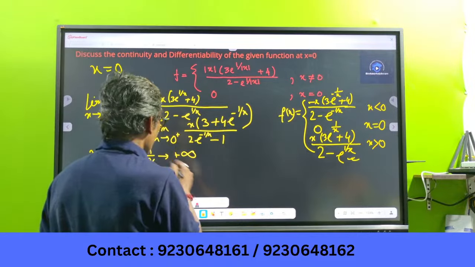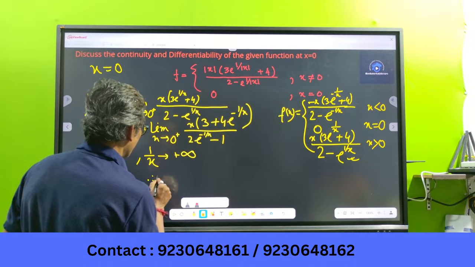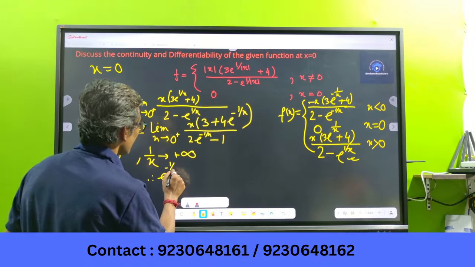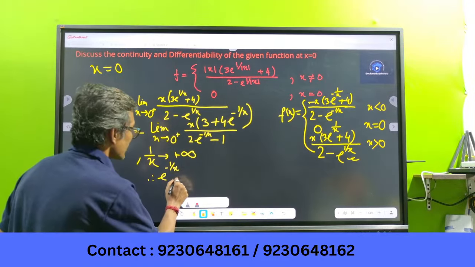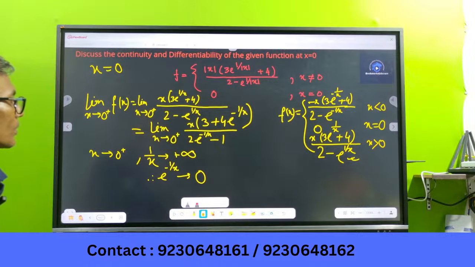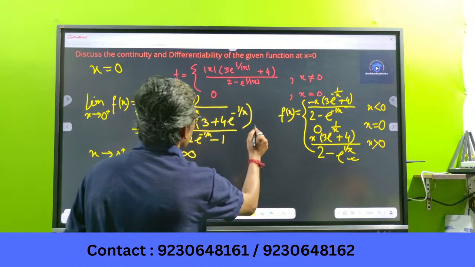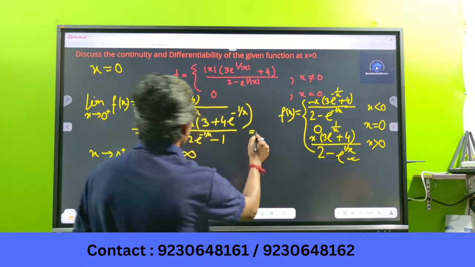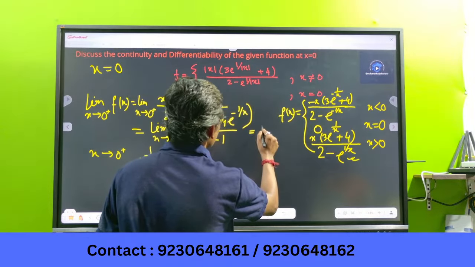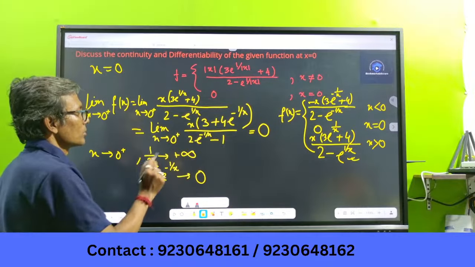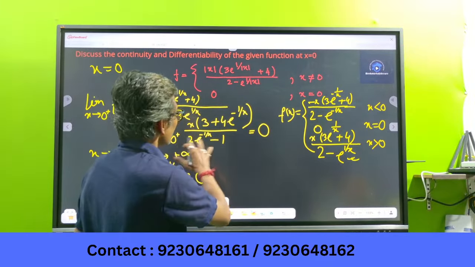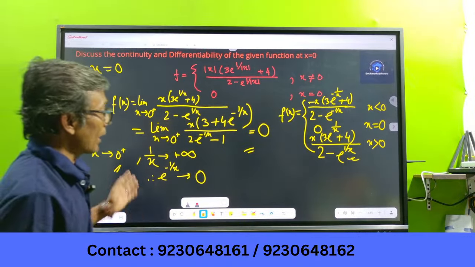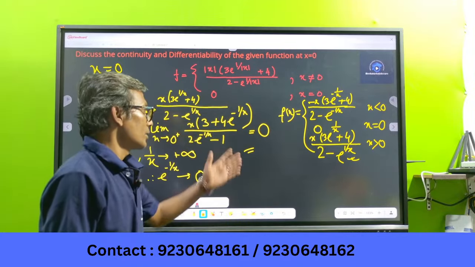So e to the power minus 1 by x tends to 0. So the value will be 0 because x tends to 0. So that is why the total value will be 0. So the right hand side limit of the function is 0.